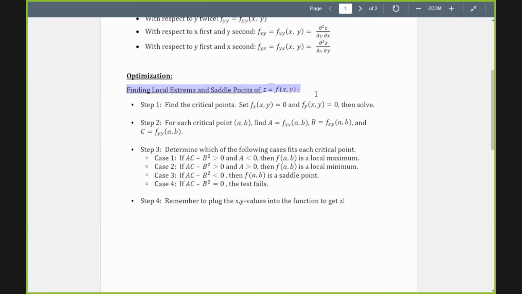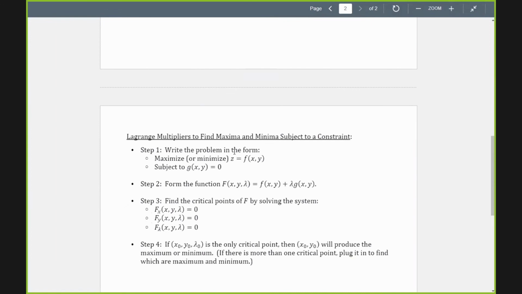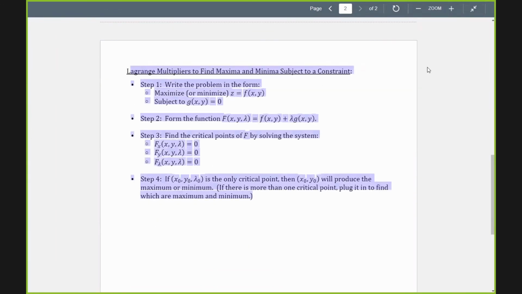That's what we did on Tuesday, where we're just trying to find the maximum or minimum or a saddle point. And on the following page, we have Lagrange multipliers to find maxima and minima subject to a constraint. Those are just the same steps that we went through. So that's available. And those are both on the take-home test, right? Yes. Okay.